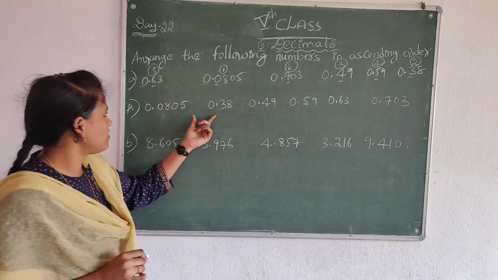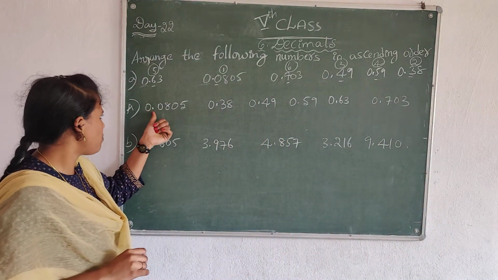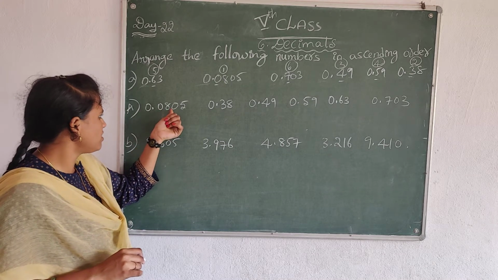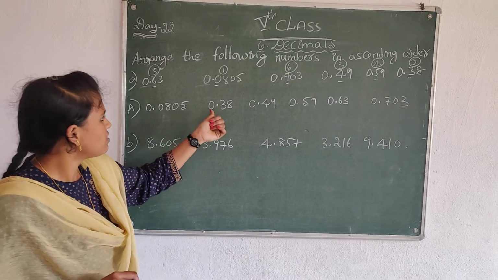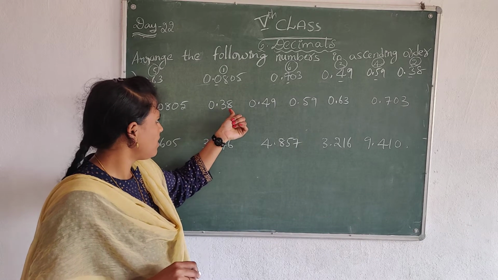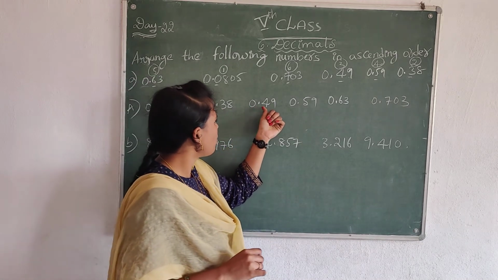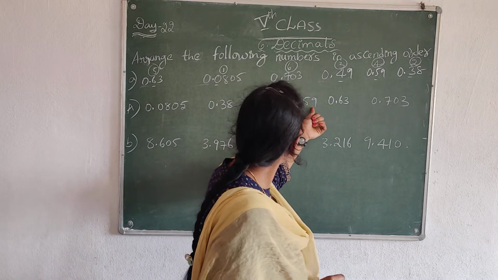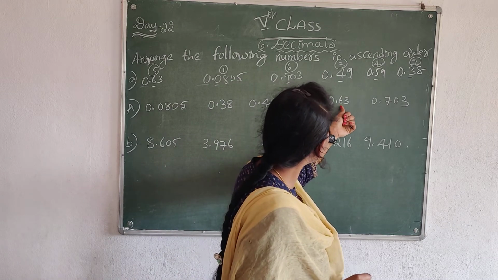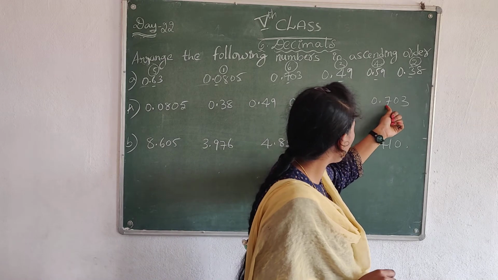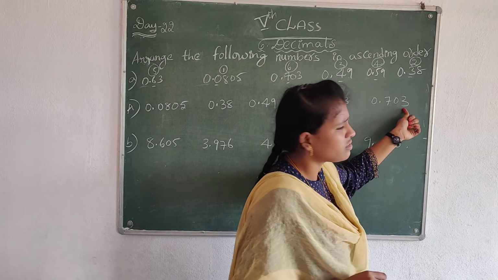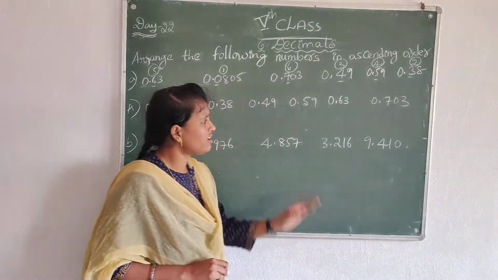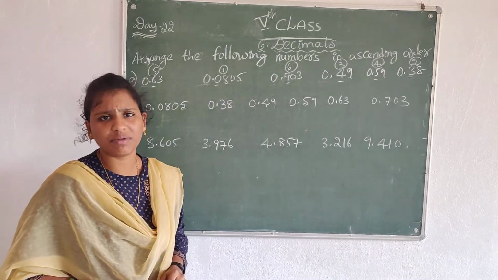This is the answer. See the first one, 0.0805, 0.38, 0.45, 0.59, 0.63, 0.703. Understood, children? Like this you have to complete.